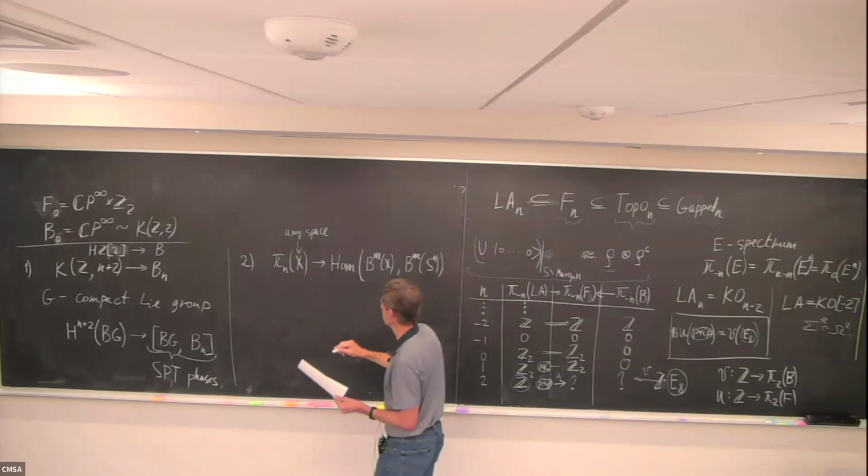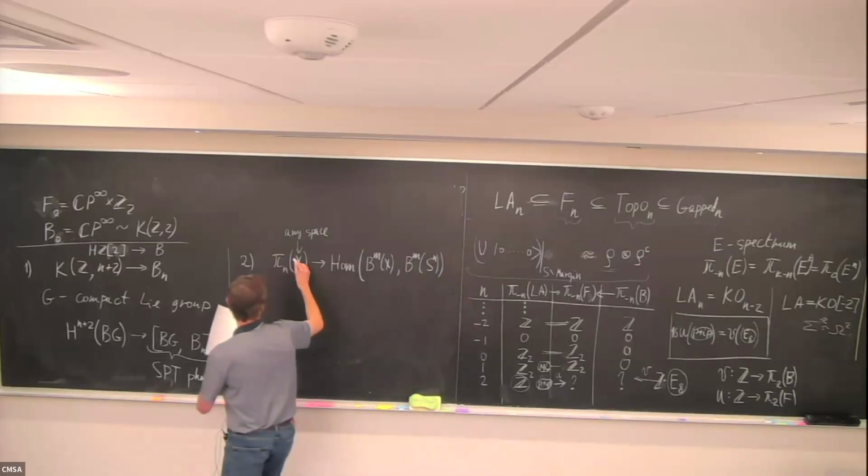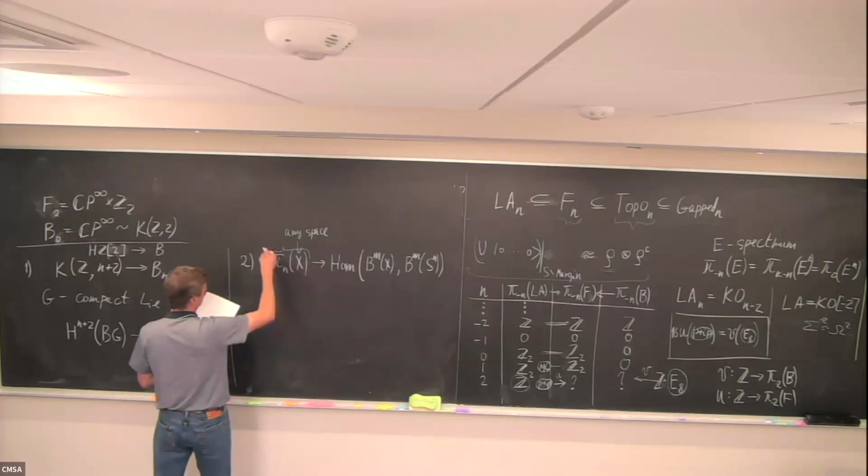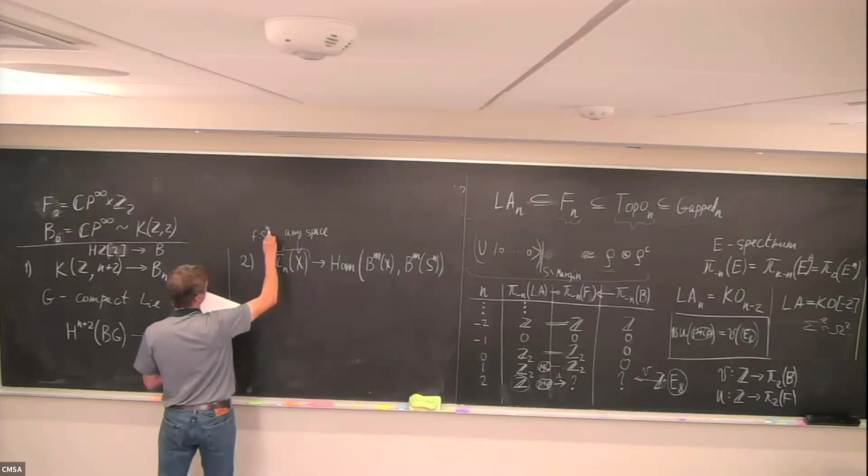And this is a very simple map because an element of pi n of X is some map f from Sn to X.